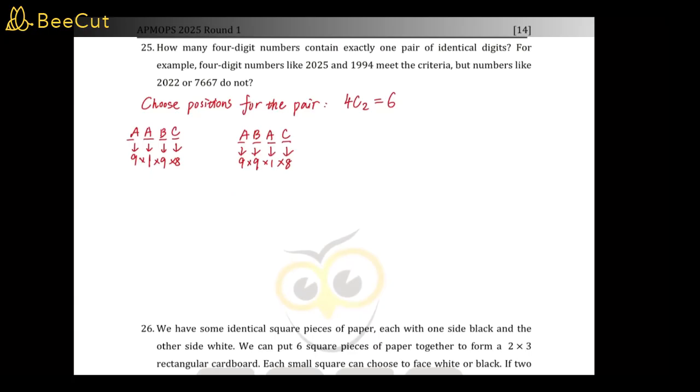It's also 9 times 9 times 8. Right, if it's A, B, C, A, this will be the same: 9, 9, 8, 1.